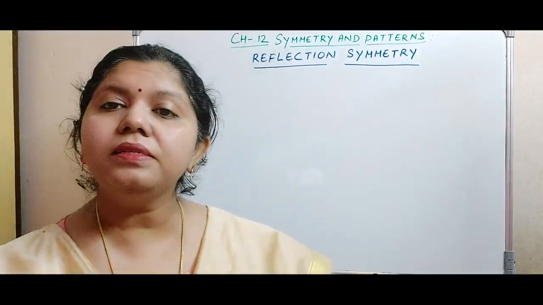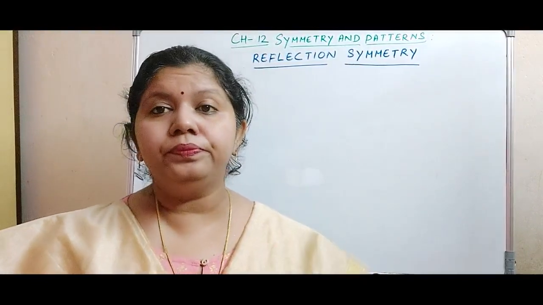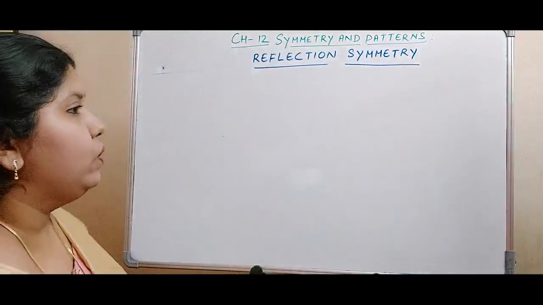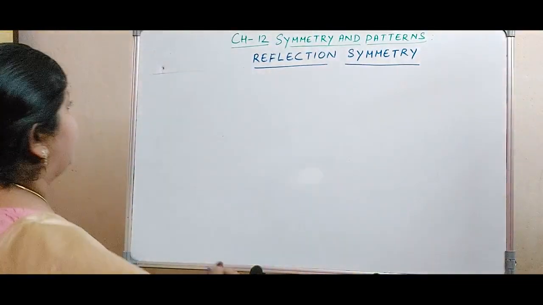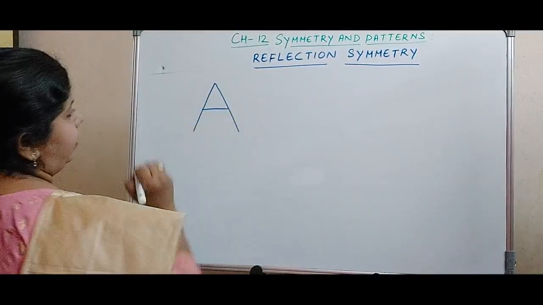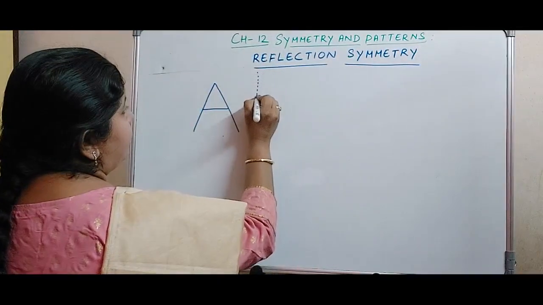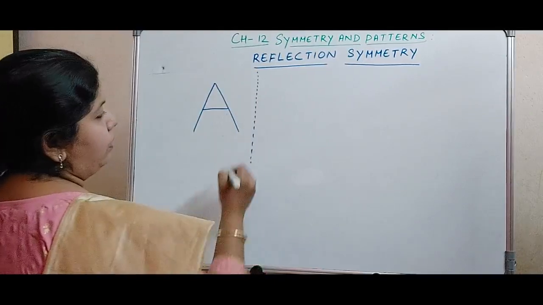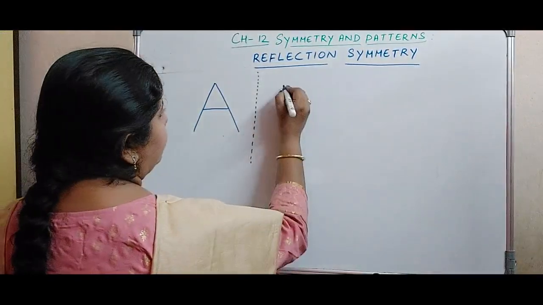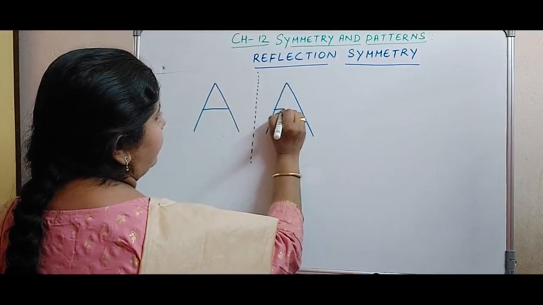Now let us understand this concept better by using English alphabets. Suppose I am using the first letter, that is A. This is letter A. Suppose I keep a mirror in the vertical way, if I keep it in this way, then the image that I get here is the same.